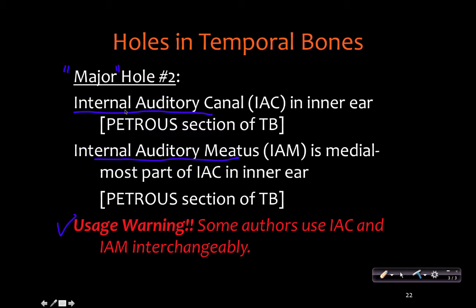I pointed it out to you on slide 16. I'll show it to you on the next slide, 23. And again, this is in the petrous portion of the temporal bone, and in fact, it's the posterior facing and the most medial part of the internal auditory canal in the inner ear.